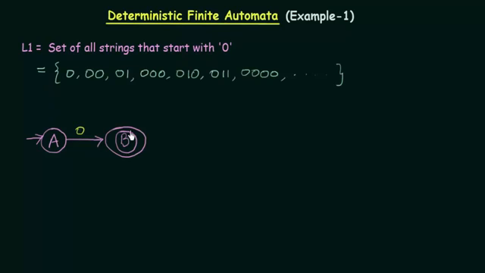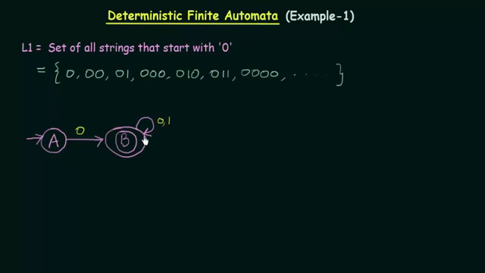Okay, now I am in state B, and after reaching state B, I can either get input 0 or 1. So what will happen if I get either 0 or 1? Since B is the final state, I'll give a self loop here and I'll write 0 or 1. So what does this mean?